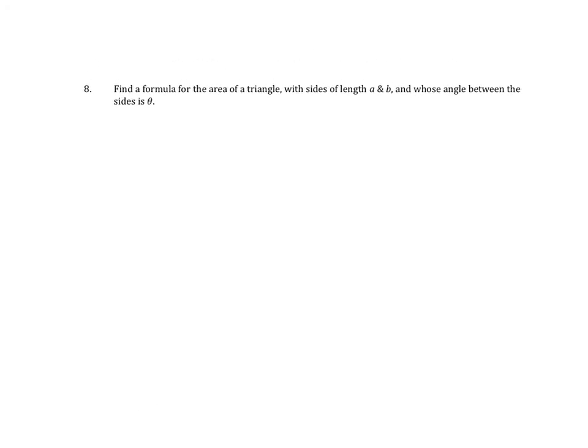Okay, next one. Find a formula for the area of a triangle with side lengths A and B, and whose angle between the sides is theta. Okay, so we'll draw just any triangle, doesn't matter.